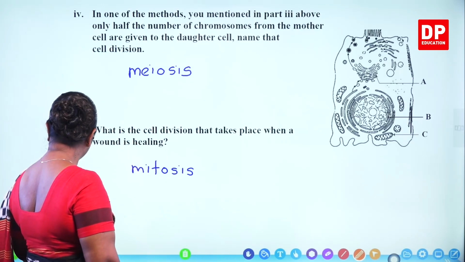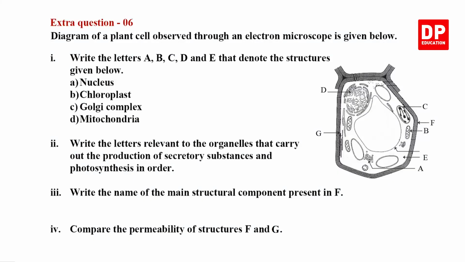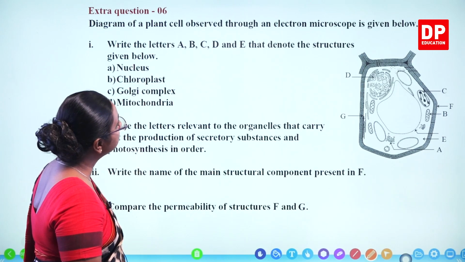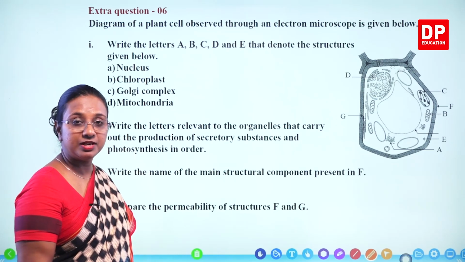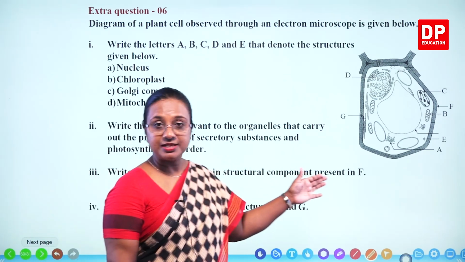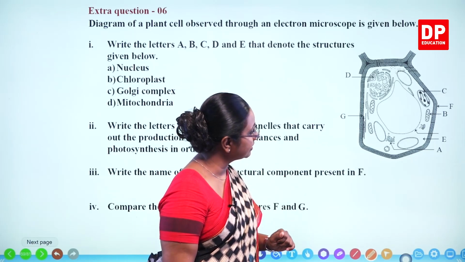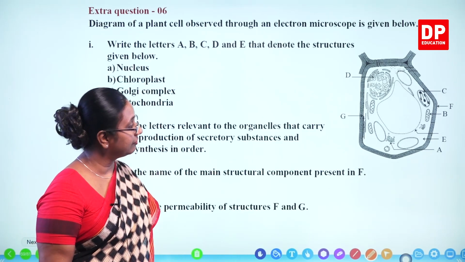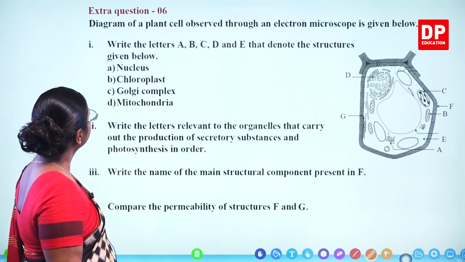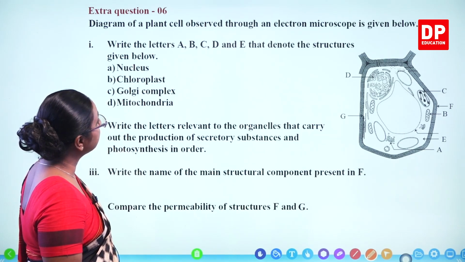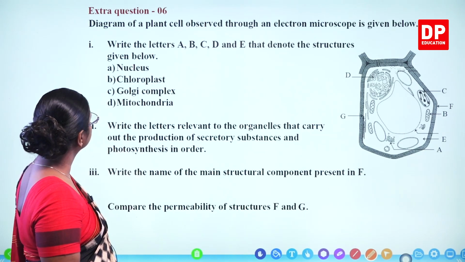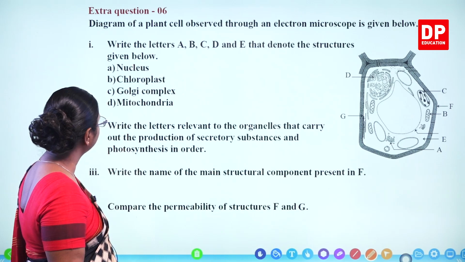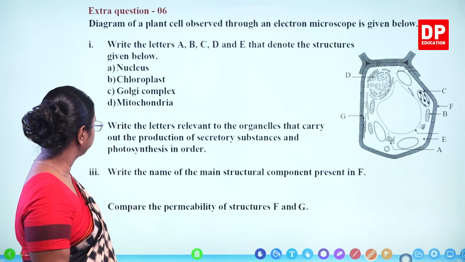I am sure you knew all the answers to the questions. Now let us move on to the next question. Extra question 6. Diagram of a plant cell observed through an electron microscope is given below. So here you can see, students, the structure of the plant cell with the different organelles marked with English alphabets. First question, write the letters A, B, C, D and E that denote the structures given below. Nucleus, chloroplast, Golgi complex and mitochondria.